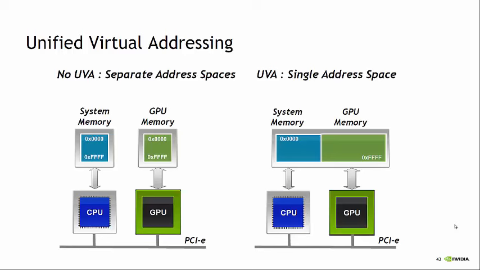The difference between unified virtual addressing and not is that without unified virtual addressing, there are separate address spaces between the CPU and the GPU, so they can overlap. One pointer can point to either the CPU or the GPU memory, I just don't know which. Whereas with unified virtual addressing, there's a single address space, so we know where the pointer points to.